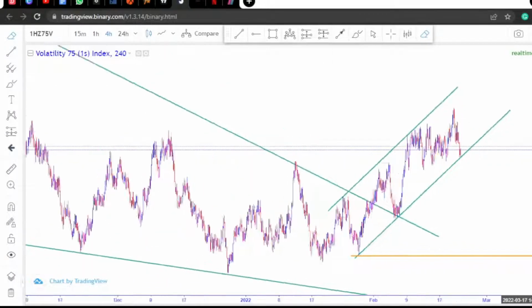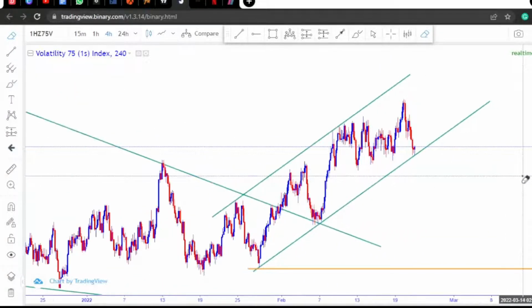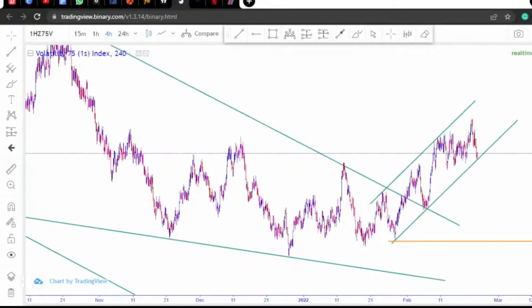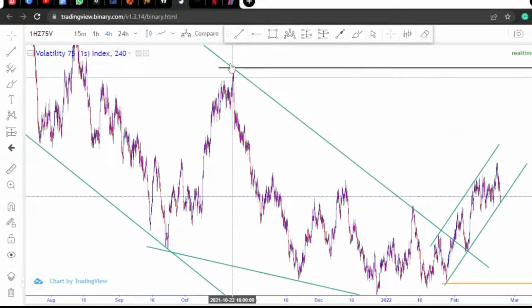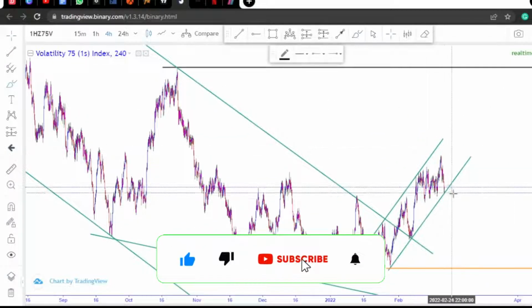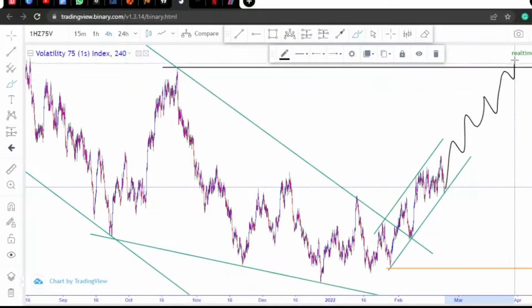So you can see that it's broken to the upside. So there are possibilities here. If I zoom out, you can see this level over here. The market could actually do this, then break definitely, so that it can catch people on the wrong side.